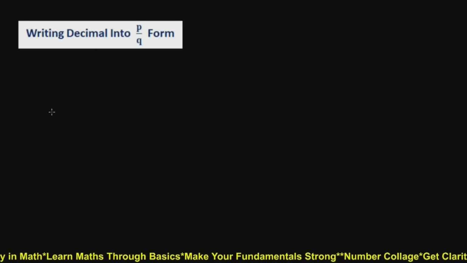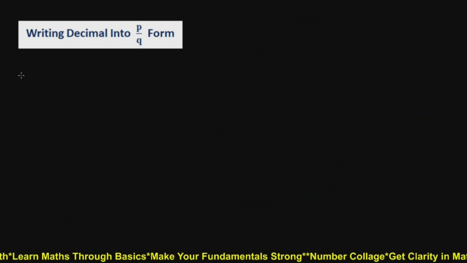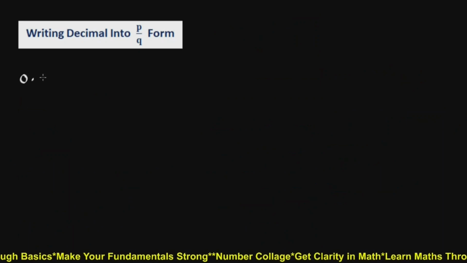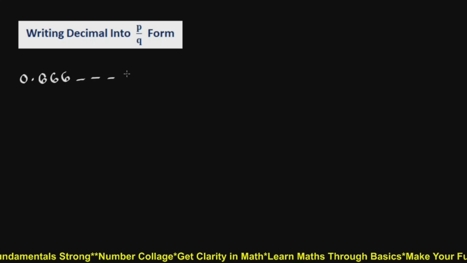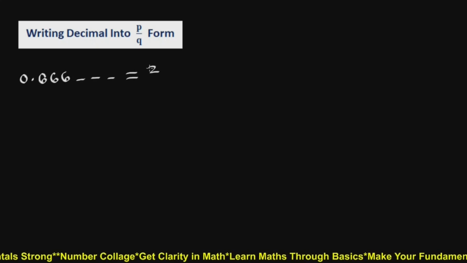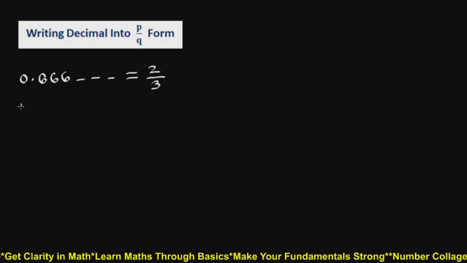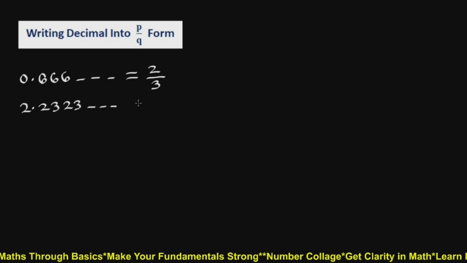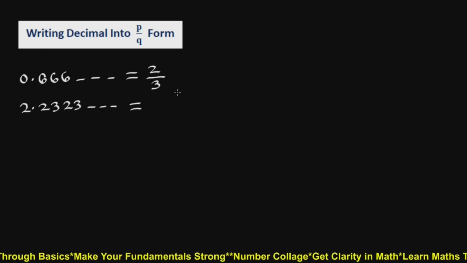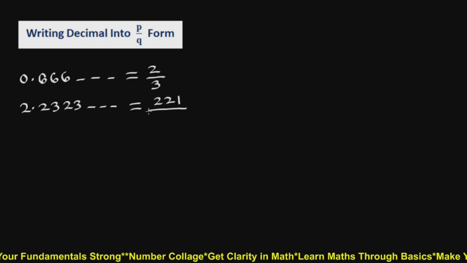We have seen by doing specific calculations how we can convert rational number 0.666 up to infinity in the P upon Q form as 2 upon 3, or decimal form 2.2323 up to infinity in the P upon Q form as 221 upon 99.